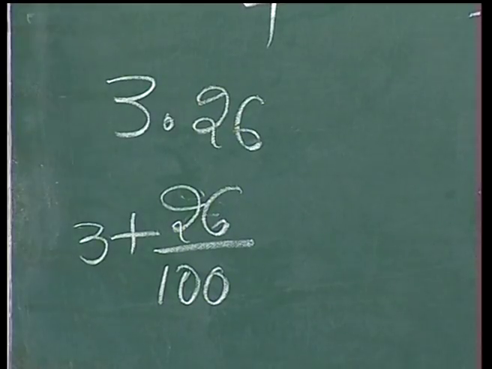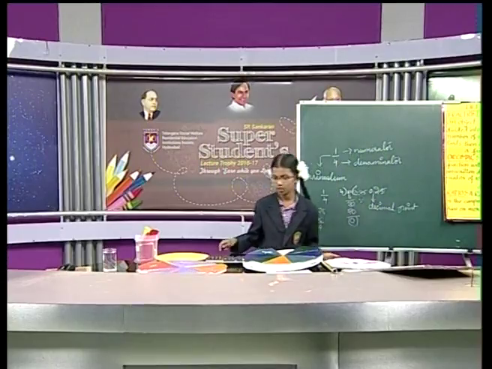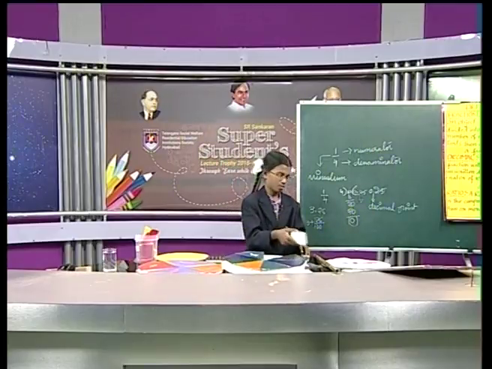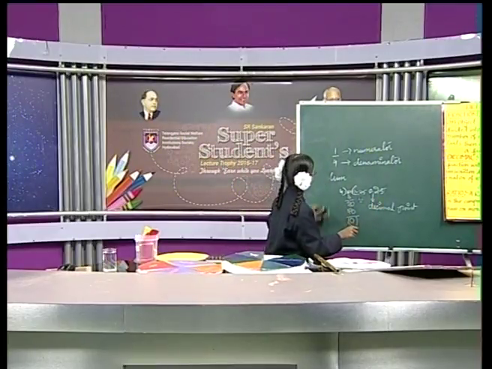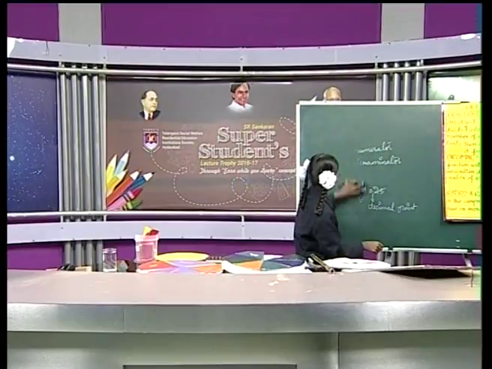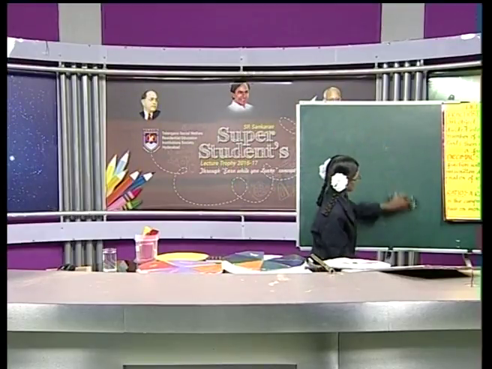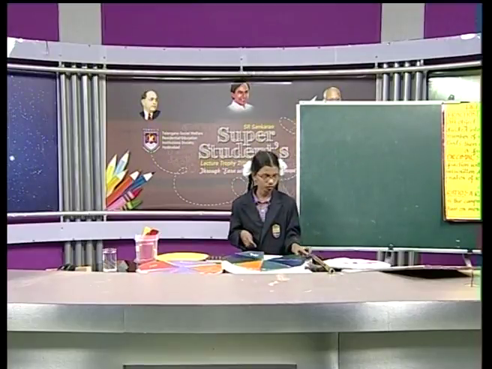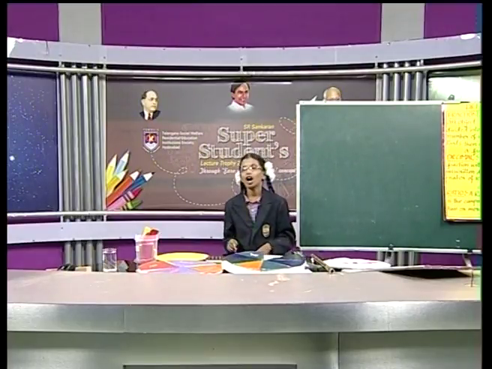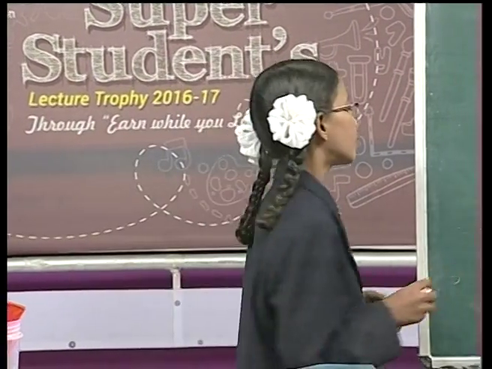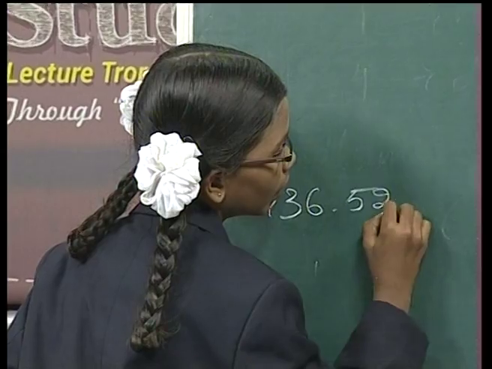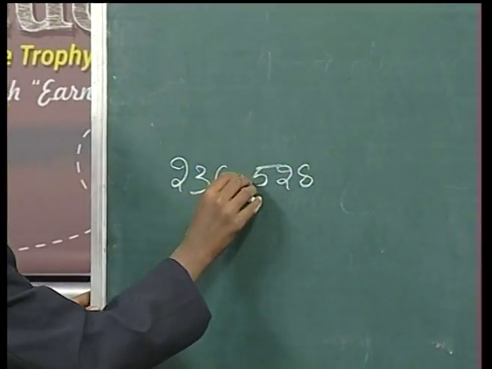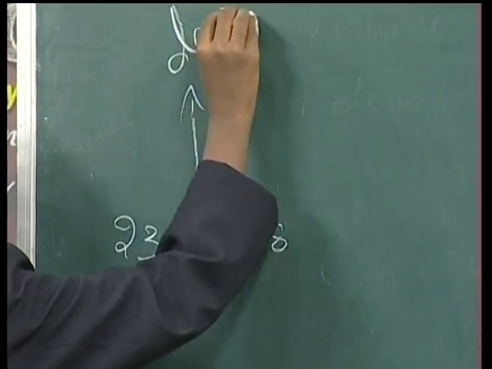Friends, you know in a decimal we have 2 parts, for example 236.528. Friends, here middle point is decimal point.